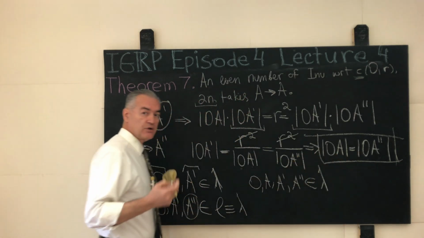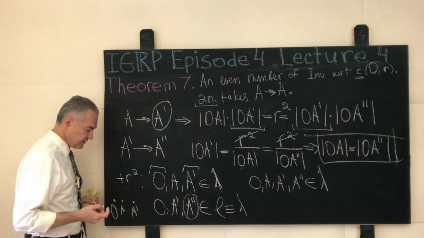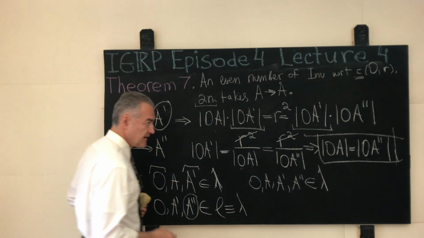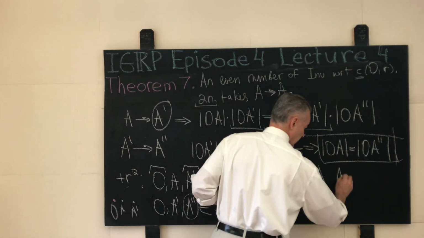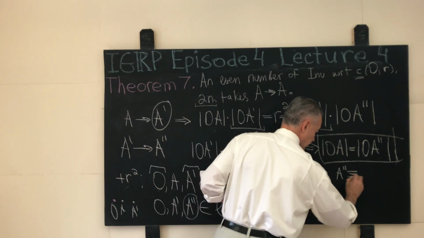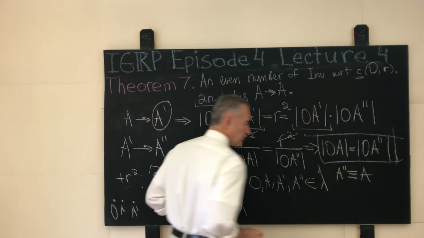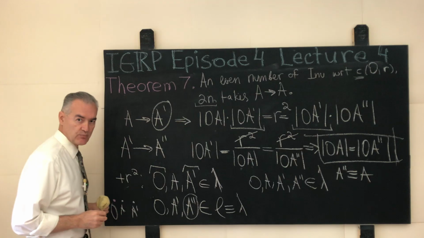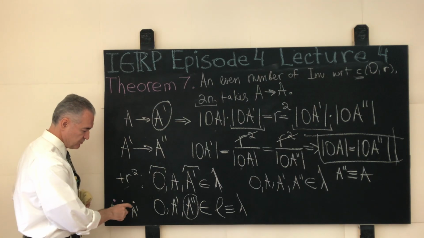Well, the only conclusion we can draw over here is that precisely in this case, the point A prime prime must be identical, must be indistinguishable from the point A, from the original point.